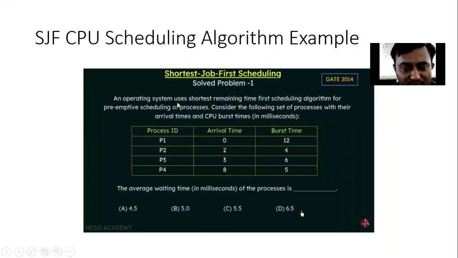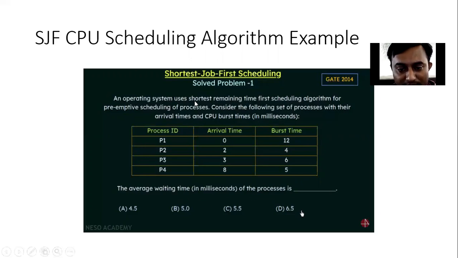An operating system uses the shortest remaining time first scheduling algorithm, which is also known as primitive shortest job first scheduling algorithm that we have discussed in the previous session.